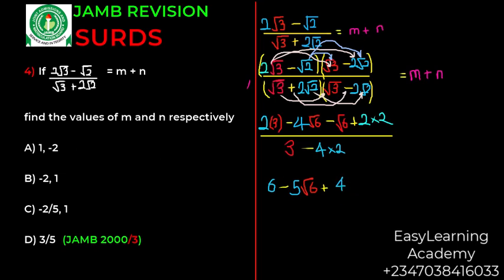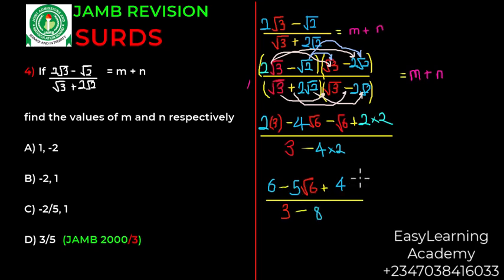And let's get to our numerator. So our numerator is solving it out now, and let's bring down our 3. 3 is here, minus. Now 4 times 2 is 8.